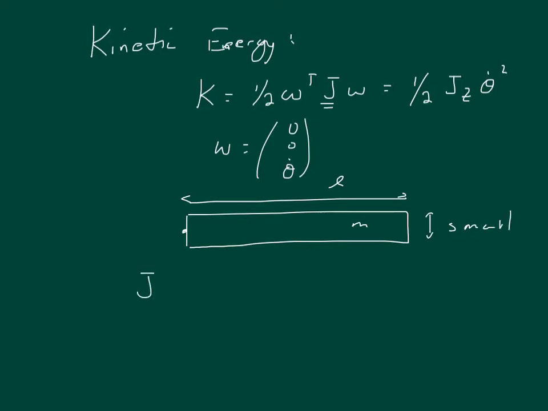Therefore, Jz is going to be the integral from 0 to L of x squared, y squared is going to be 0, dm, and dm is going to be the mass of this little elemental piece of width dx, so it'll be the density, which in this case is mass over L times dx.